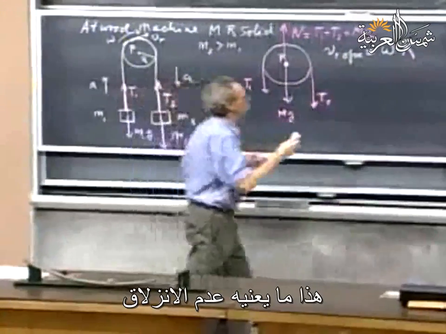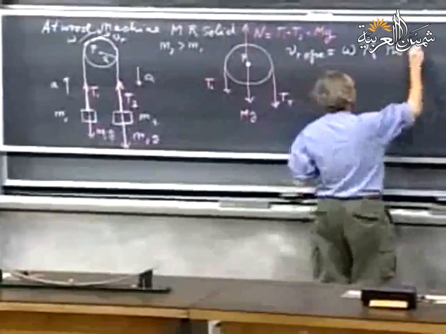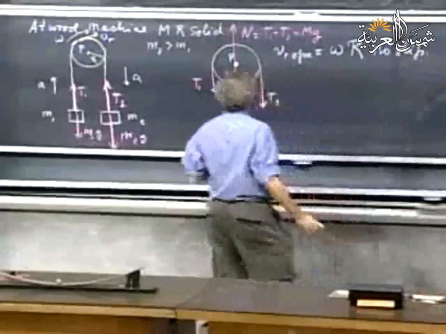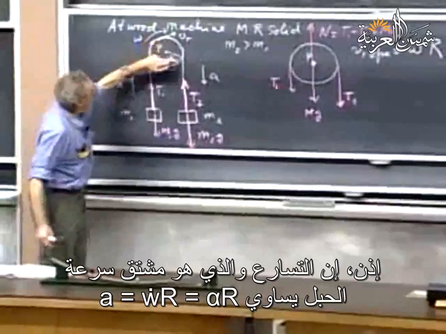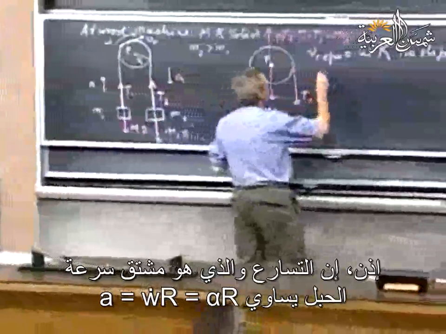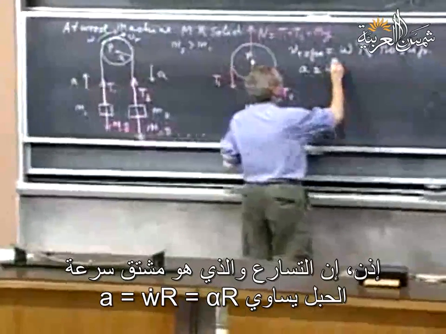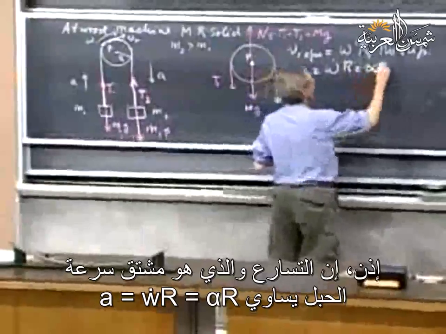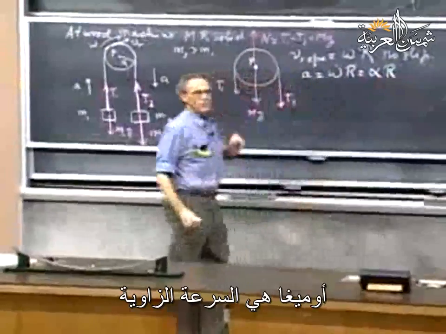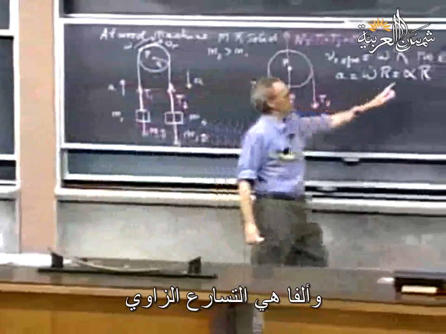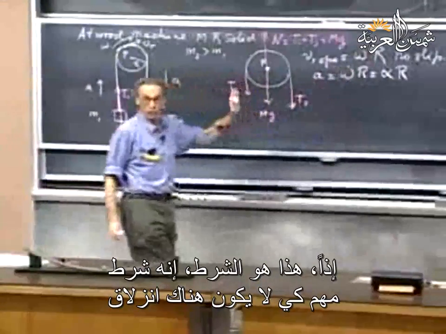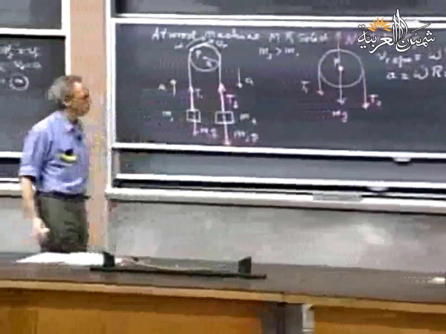That's what no slip means. So the acceleration, which is the derivative of that velocity of the rope, a, is omega dot times r, which is alpha times r. Omega is the angular velocity, and alpha is the angular acceleration. So this is an important condition for no slip.